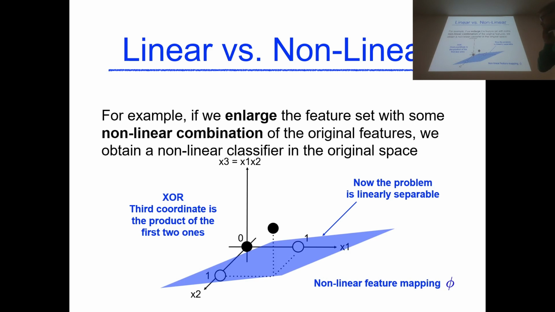So support vector machines circumvent this problem, not by changing the way they work. They still find a separating hyperplane, but they find this solution if we augment the feature set, so the set of the attributes excluding the target variable, with a nonlinear combination of the features.